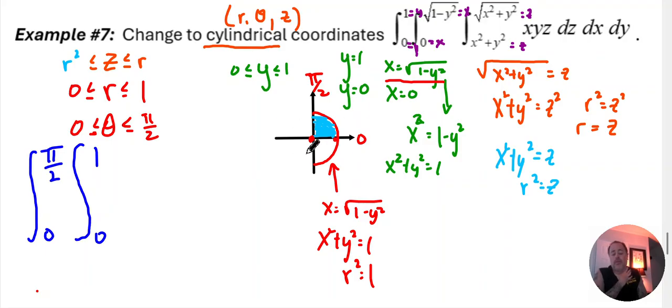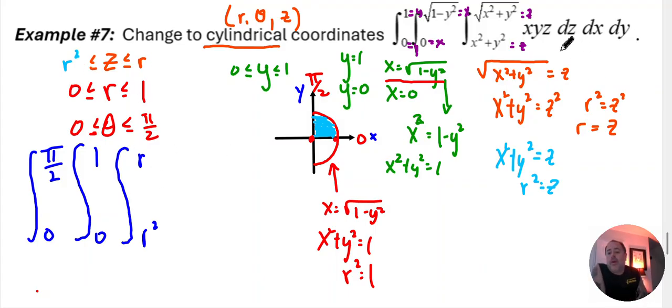Again, we use what we call the xy trace, this is the y-axis, this is the x-axis, to get these two outer bounds. Then our lowest z value is going to be r squared, and our higher z value is going to be r.